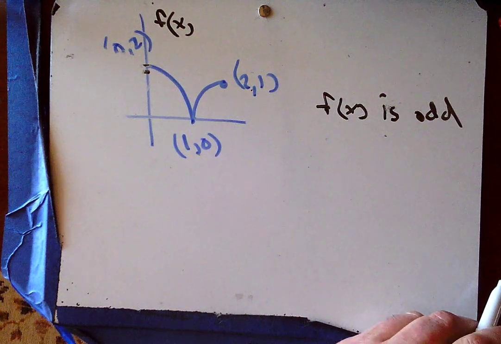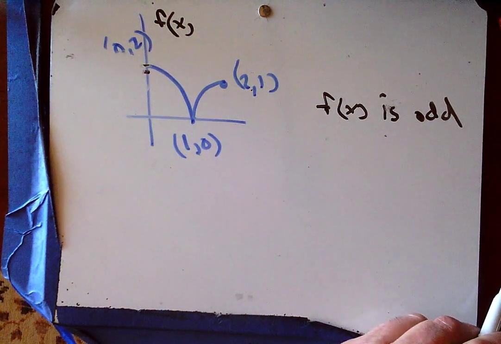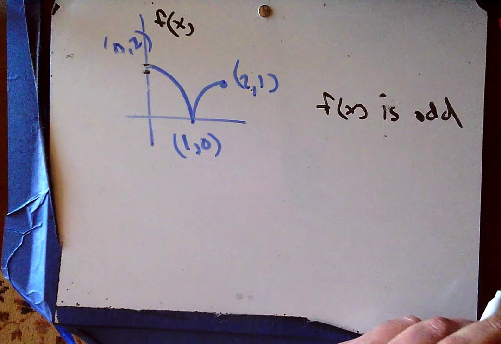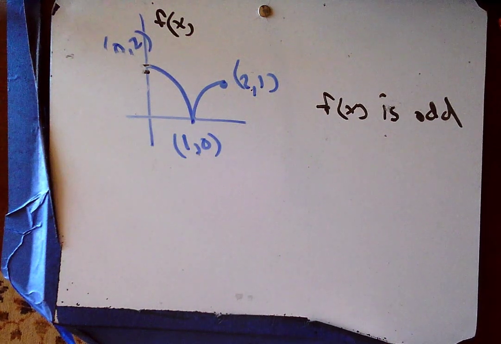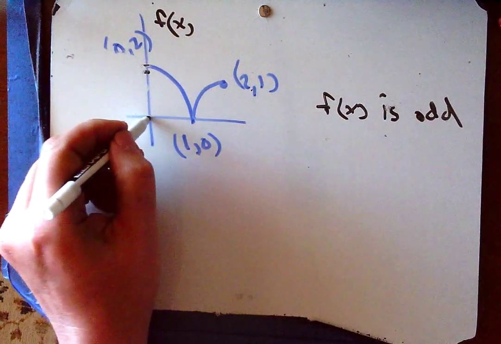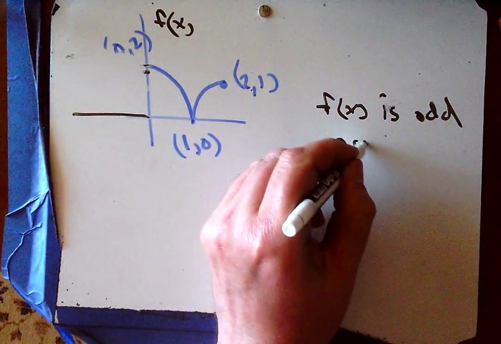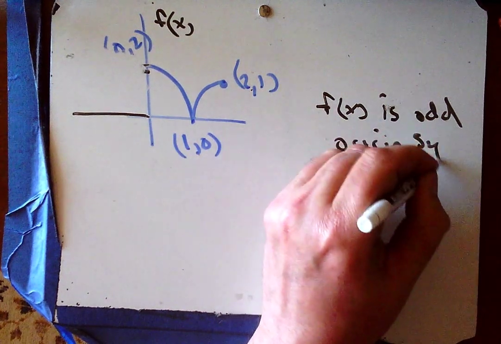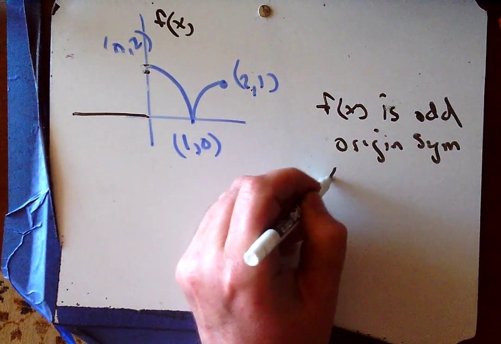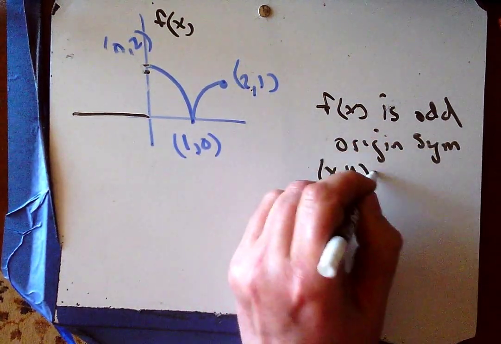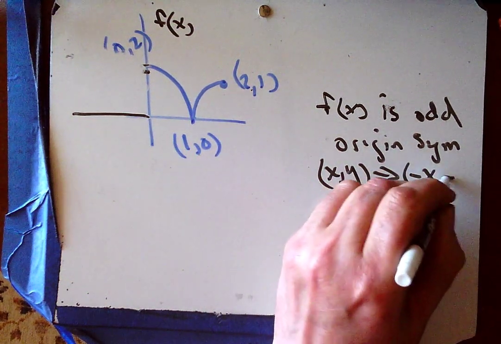How do I complete this graph if f of x is odd? Will you give that a try? Okay, so an odd function has origin symmetry, and we know that means that every xy pair becomes a negative x, negative y.